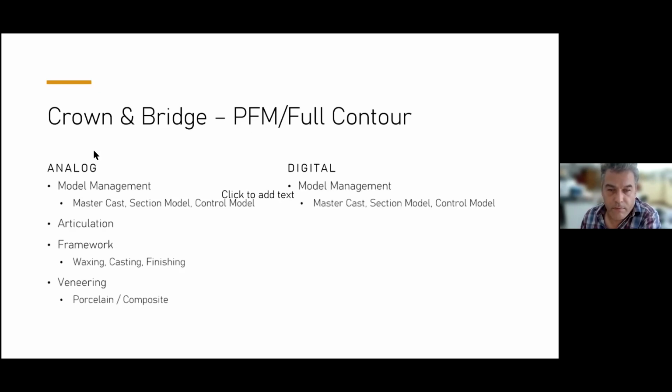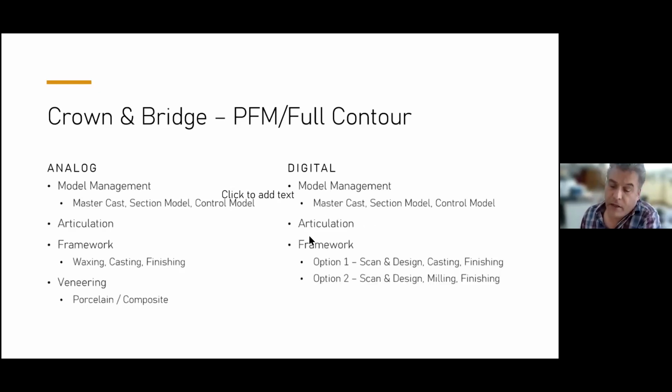Sorry, small mistake. So we have also the model management. When we use plaster, the same part, we also do an articulation if we need to. And with the framework, we have more options. We can just scan something. We can mill it in wax, for example, and cast, if we're looking at PFM crowns. Or option 2 could be we scan and design, we mill it directly, and after we finish.